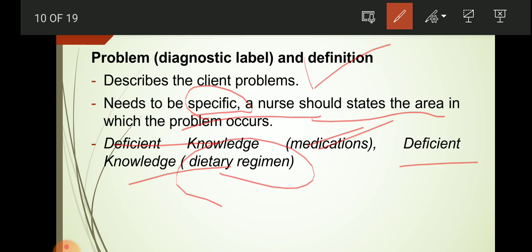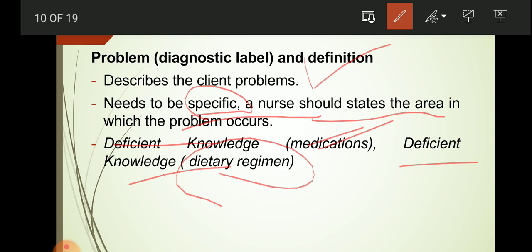For example, a problem with his airway. Second, a problem with his psychological support. Then other problems, like his diet.